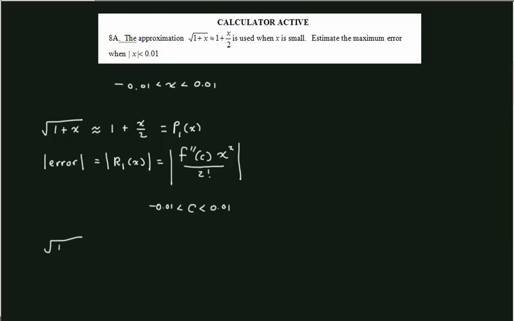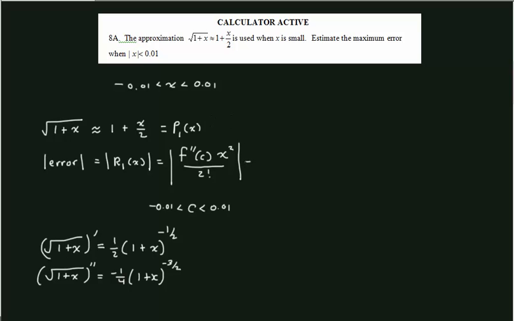The first derivative of the radical 1 plus x is going to be 1/2 (1 plus x) to the -1/2. If I find the second derivative, the thing we really want, then that's going to be -1/4 (1 plus x) to the -3/2.